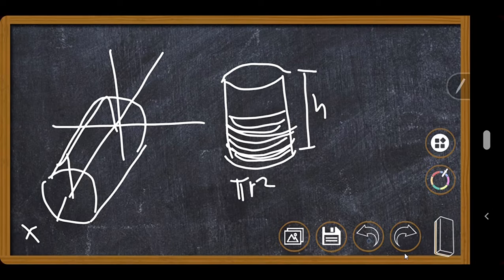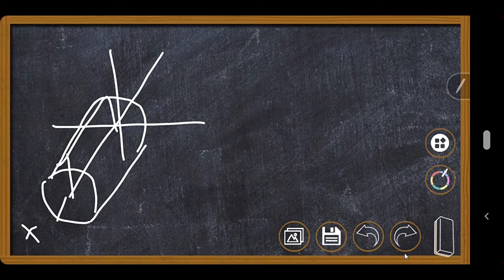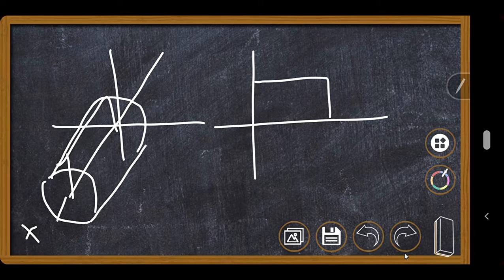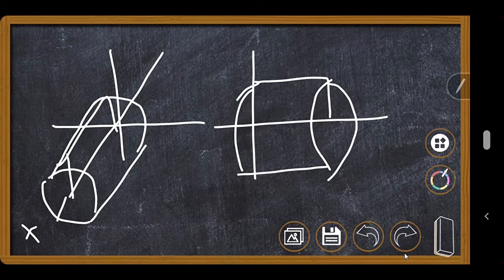But we can also imagine a rectangle. When rotated or revolved around an axis, we can generate a right cylinder right here.